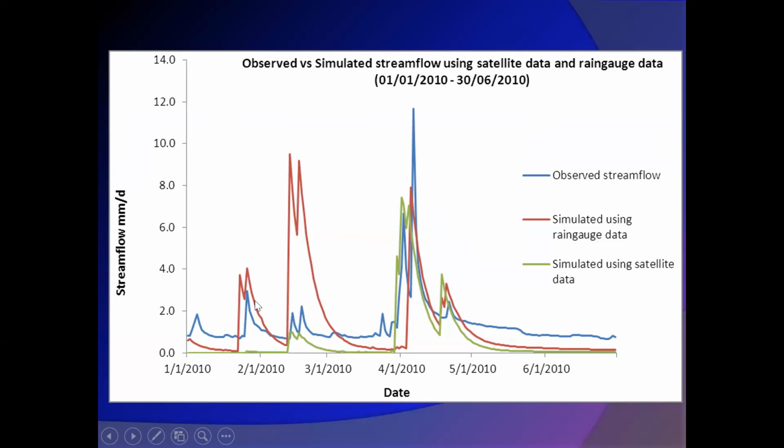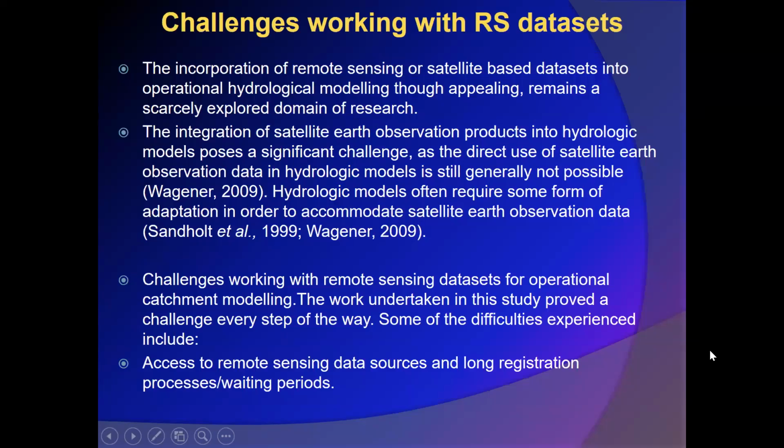So again, it's a short time period. It's one event that we were looking at, and this requires much further research. But this shows a lot of hope in terms of what we can achieve.